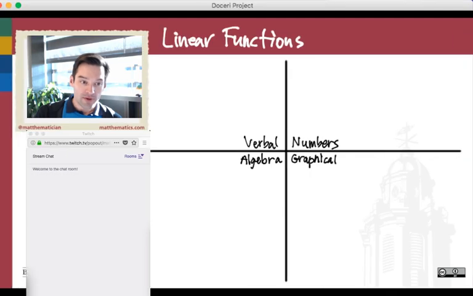I want to be able to use graphs or illustrations, visuals. And then I also want to be able to use algebraic formula. And so everything that we talk about, I want us to be able to talk about it in all 4 of those different fashions during our time today. So let me go grab the data set, and then we'll get this plane off the ground here.